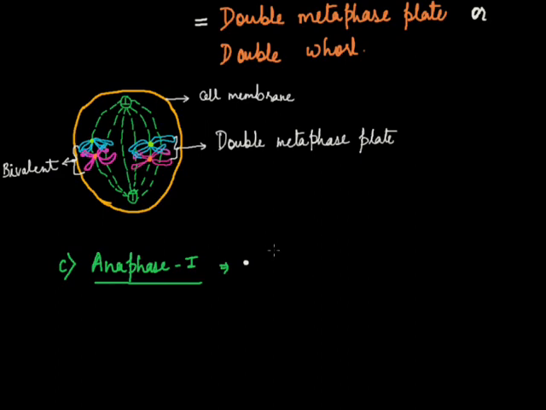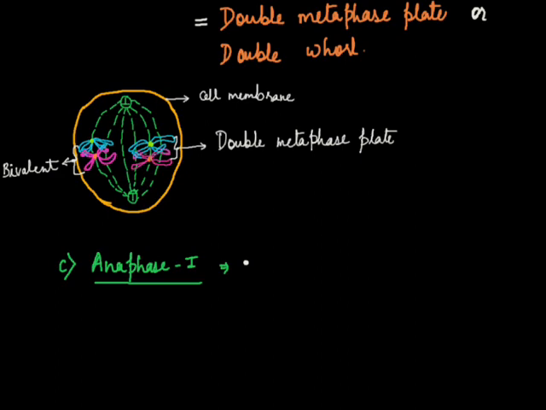What happens during anaphase 1 is that firstly, the chiasmata, which is the point of association between the non-sister chromatids of the homologous pair, disappears, which means that the homologous chromosomes are now completely separated from each other.